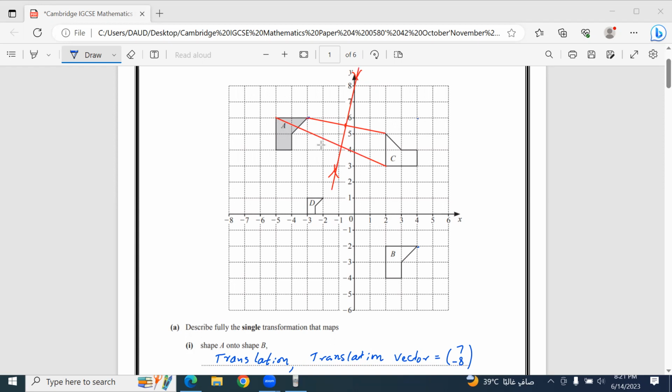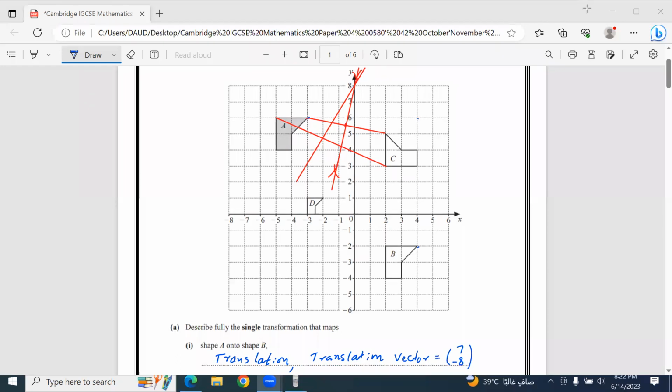So if you draw a perpendicular bisector, it can look like this. I hope you're getting the point. Where these two perpendicular bisectors meet, that is your center of rotation. Once you find your center of rotation, it is easy to say whether it is 90° or 180°.